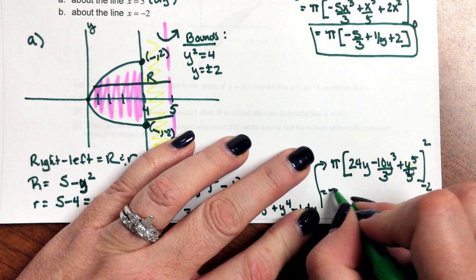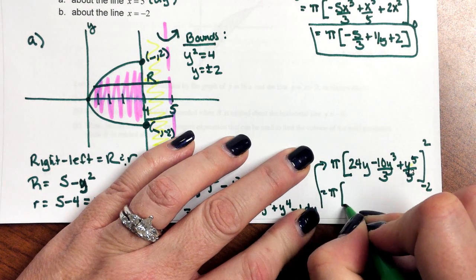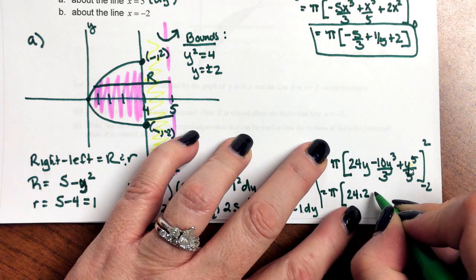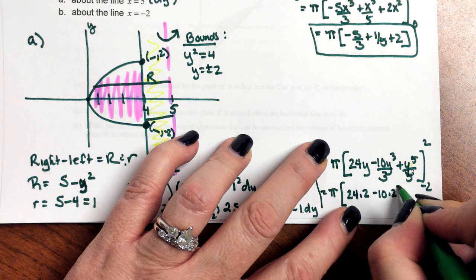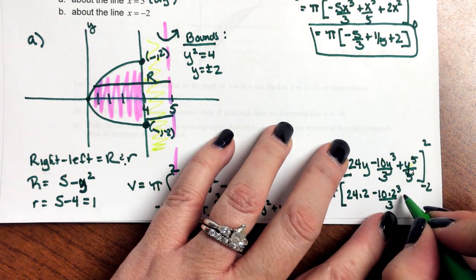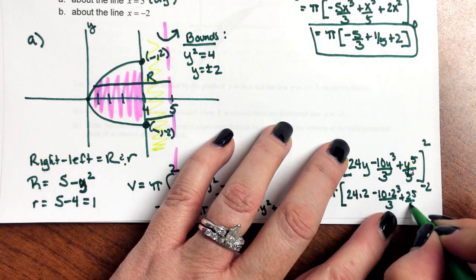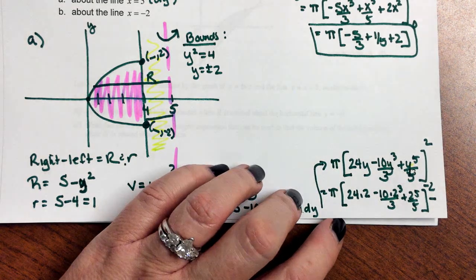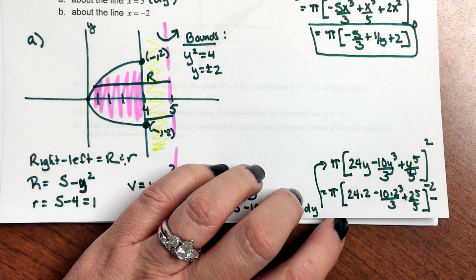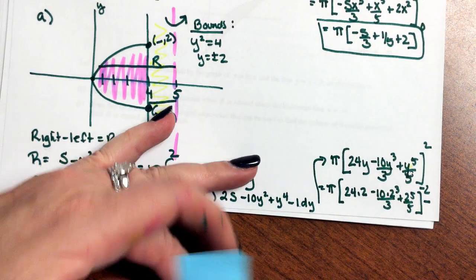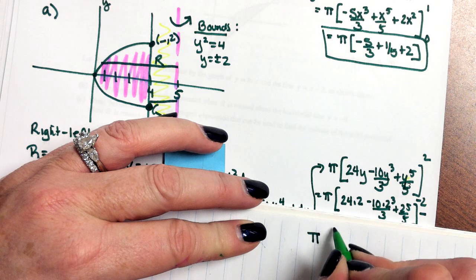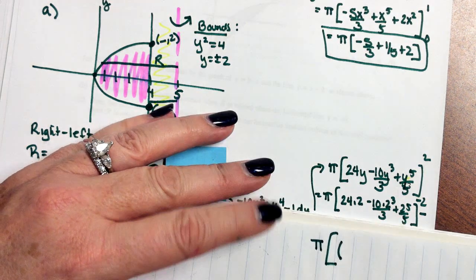So that's going to give me pi. Now remember, you do not have to work this out. Plug in my upper bound: 24 times 2 minus 10 times 2 to the 3rd over 3 plus 2 to the 5th over 5, minus. I'm just going to recopy this so it's not so squished here. So I have pi. When I plug in that upper bound, remember, pi is on the outside.